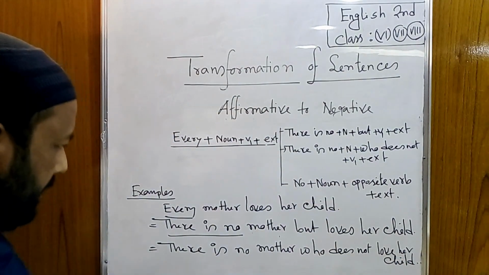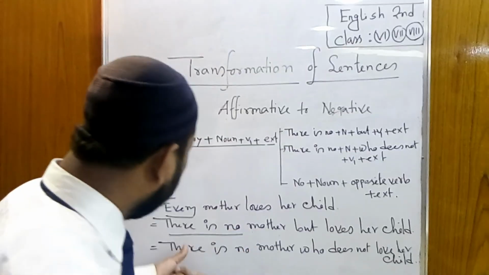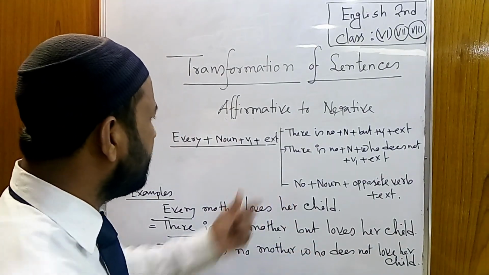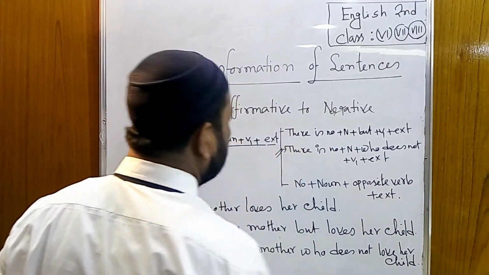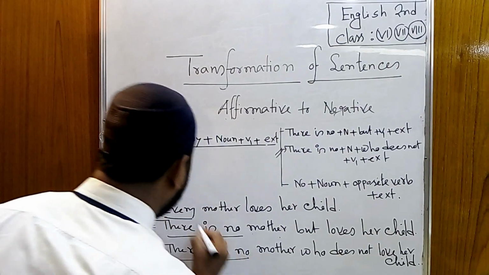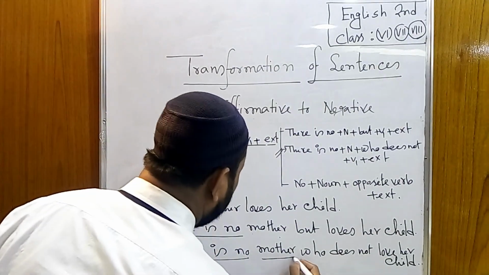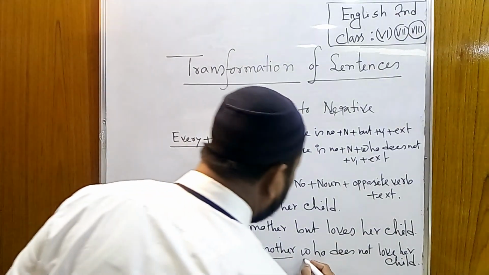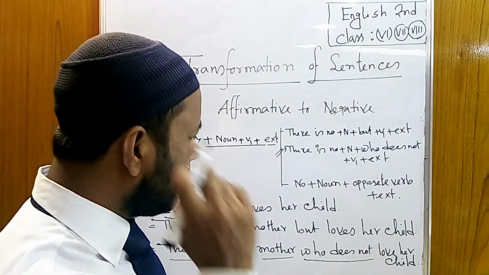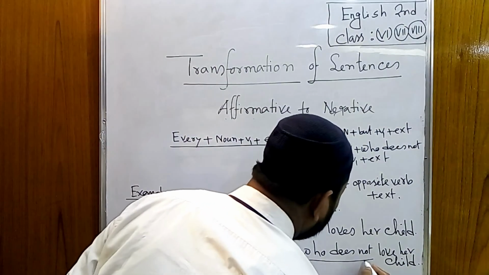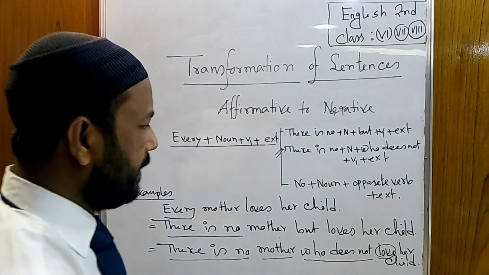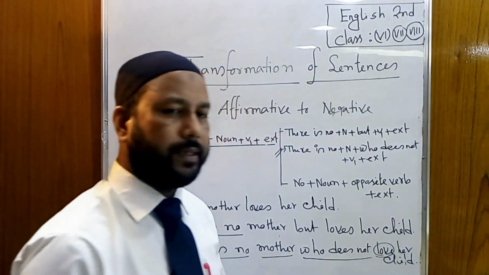Okay, my dear students, this is the solution of this sentence in these rules. We use here there is no instead of every, then mother, then we will use here who doesn't. Just keep in mind, if you use who doesn't, you cannot use here s or es, and then the rest of the part of this sentence.